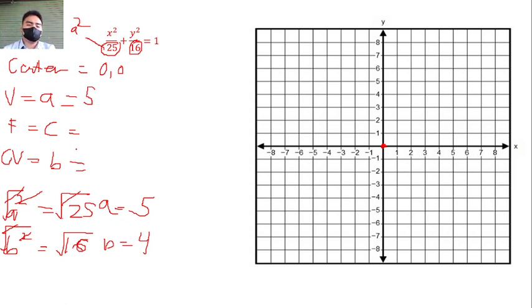Okay, so we now know the value for b. In plotting, we are going to focus first on the value of a, which is our vertices. It's a, isn't it?